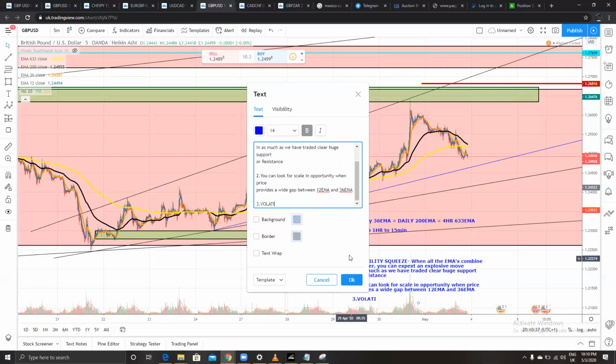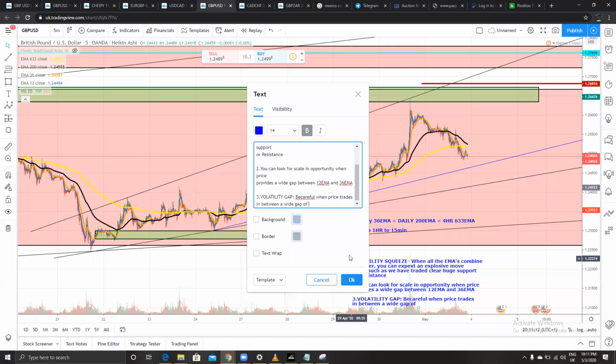Volatility gap, be careful, price strength, wide gap. So key, check somewhere over here.